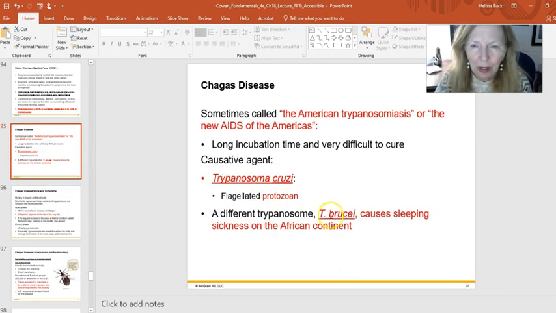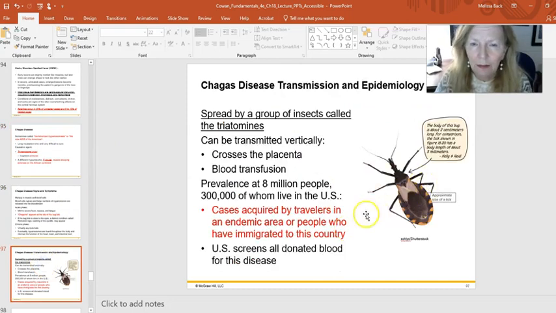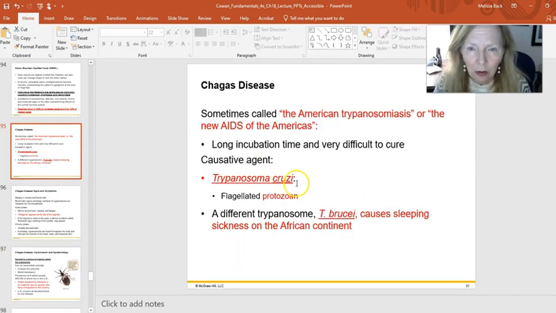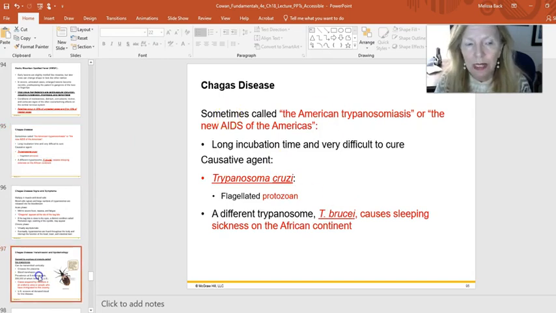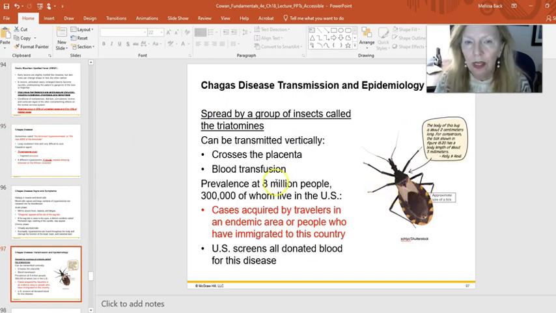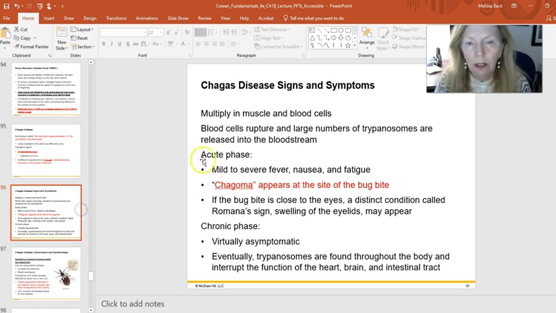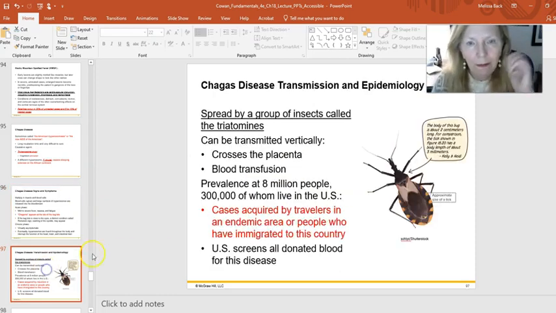I think sometimes the bites are really close on the face or neck area. We learned that back in school a long time ago. But anyway, just be careful when you go to these areas where these vectors are.